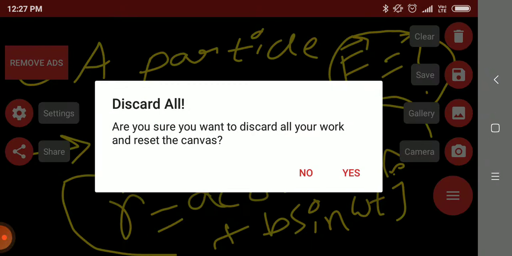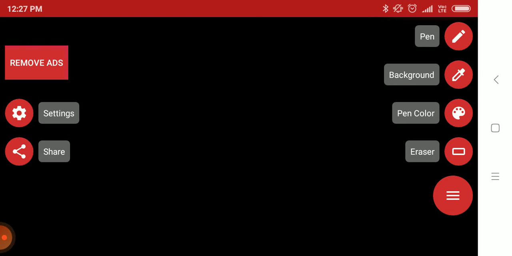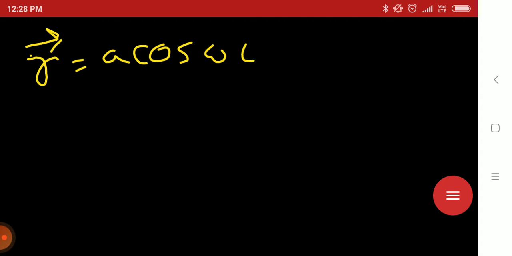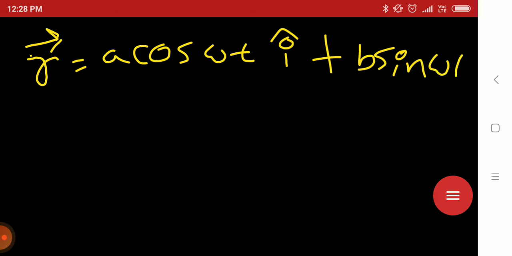First of all, write the equation of the curve: r vector equals a cos omega t i cap plus b sine omega t j cap. This is the equation of the curve.